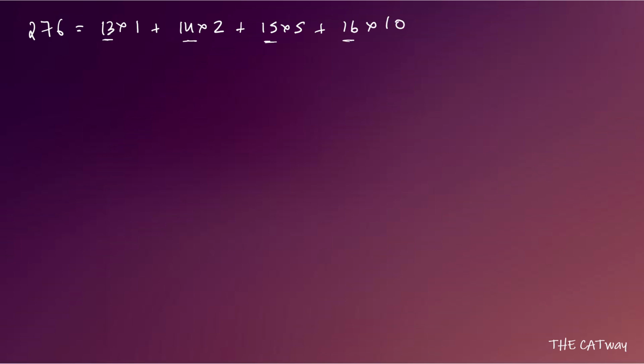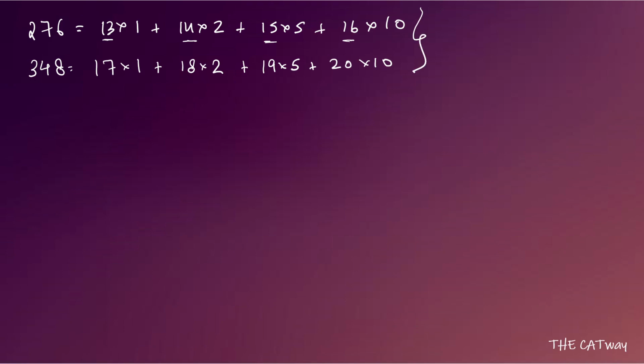So the set has tried to make it easier for you. For 348, again consecutive numbers are there. The numbers are 17 into 1 plus 18 into 2 plus 19 into 5 plus 20 into 10.